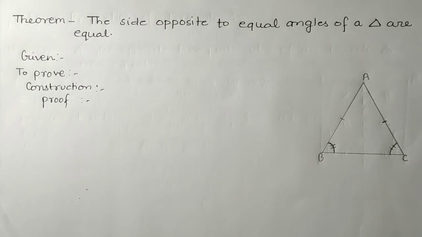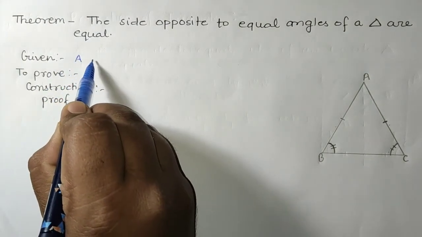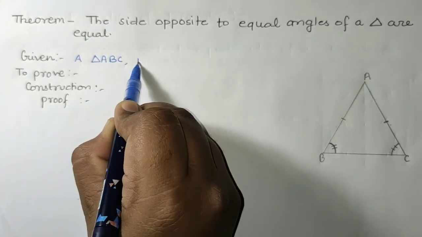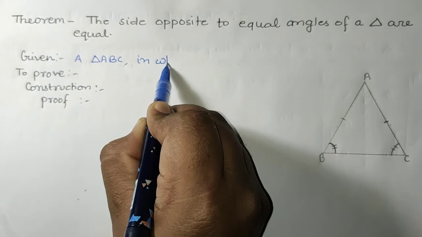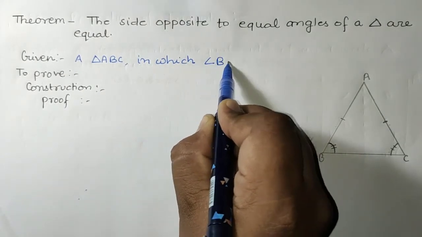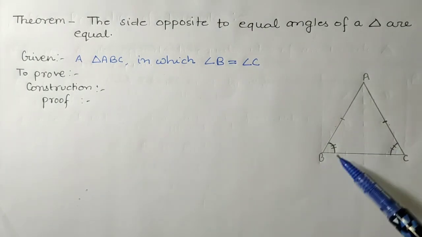Firstly, in the given part this time we'll write only a triangle ABC in which angle B is equal to angle C. What is given? A triangle ABC.